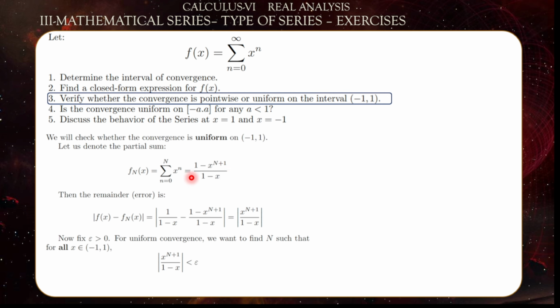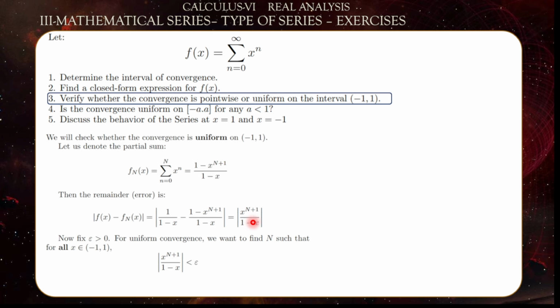Which is, by the way, 1 divided by 1 minus x, minus x to the power of n plus 1 divided by 1 minus x. This is where we've gotten that from. Then the remainder error would be the absolute value of f(x) minus f_n(x), which is 1 divided by 1 minus x minus 1 minus x to the power of n plus 1 divided by 1 minus x.